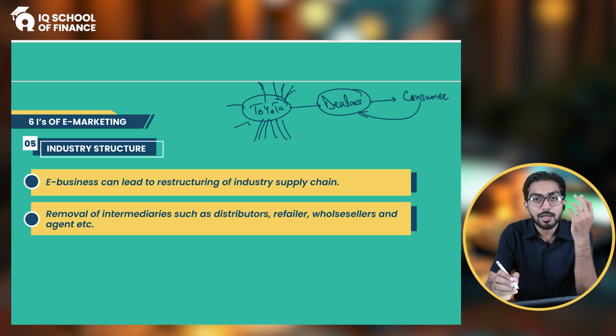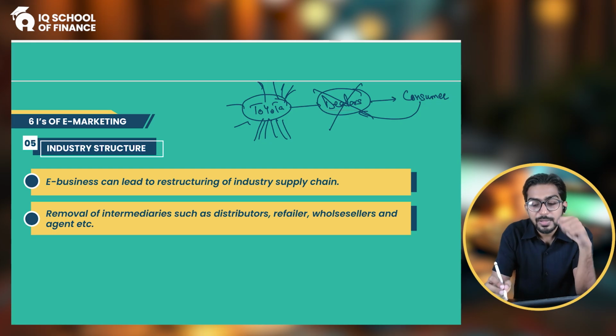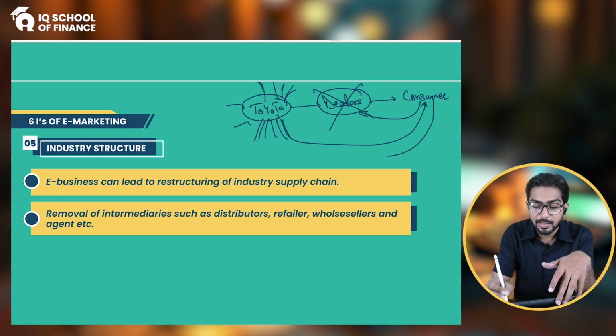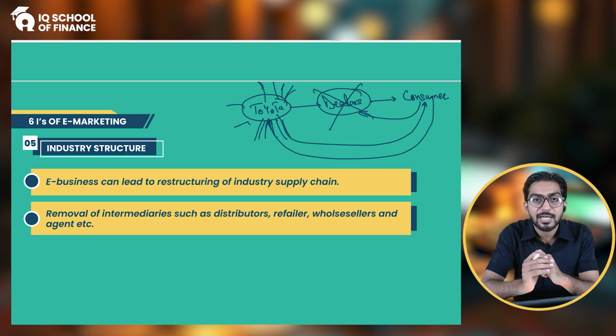But in e-marketing or e-business, you can eliminate them. You can send your marketing message to the consumer directly, and the consumer will interact with you or make purchases directly from you, because now there is no difficulty of the physical shop or the physical outlet.